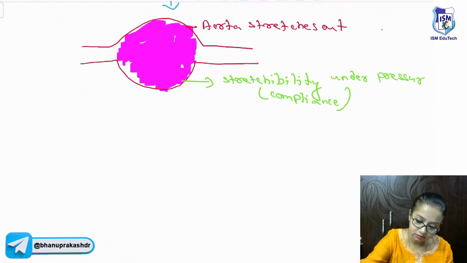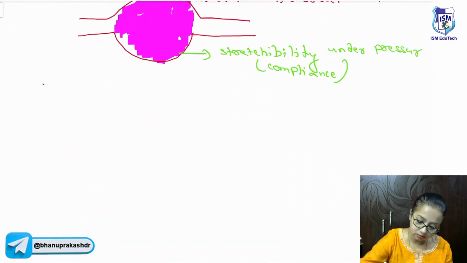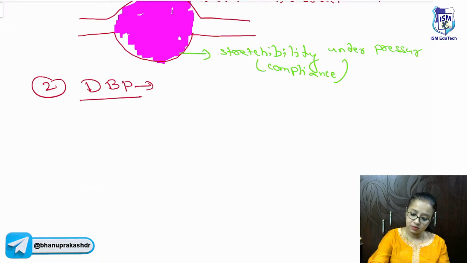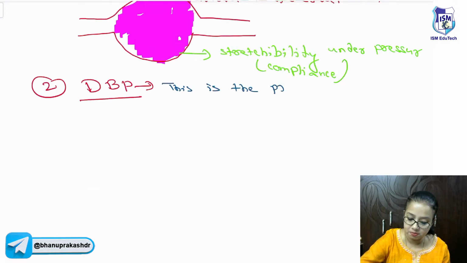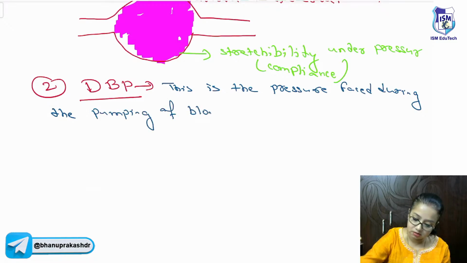Now, second blood pressure, which is the diastolic blood pressure. Now, this is the pressure faced during the pumping of blood.